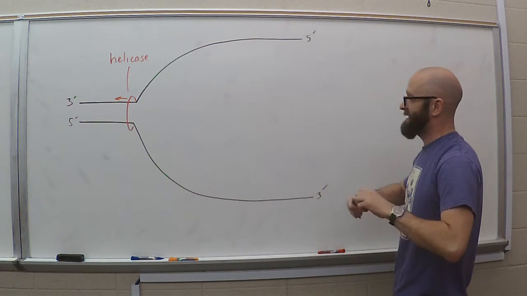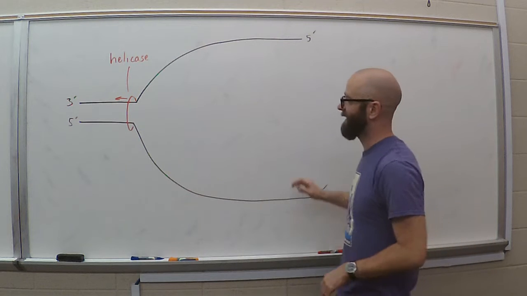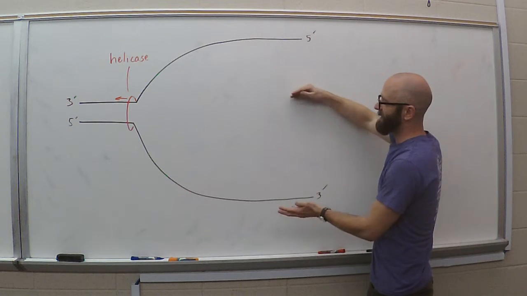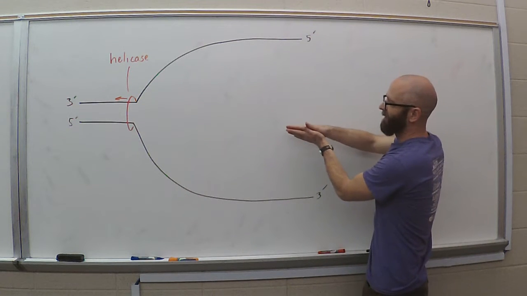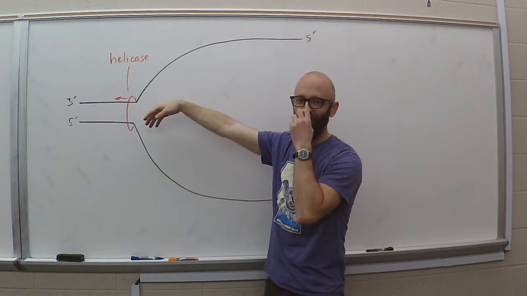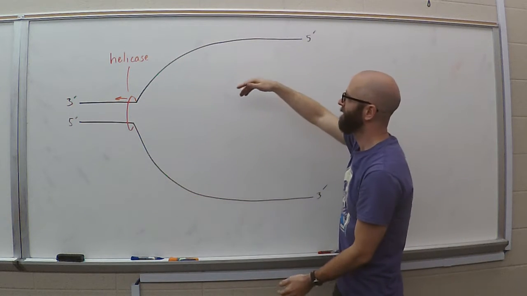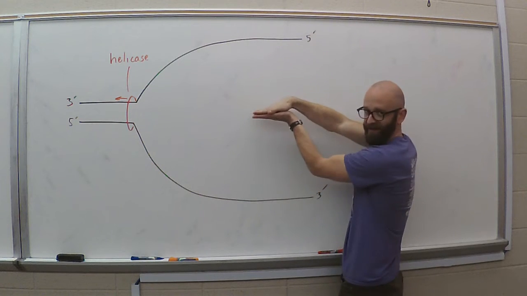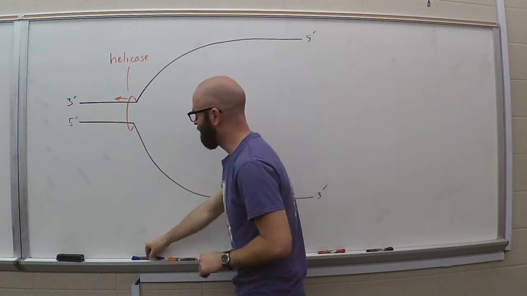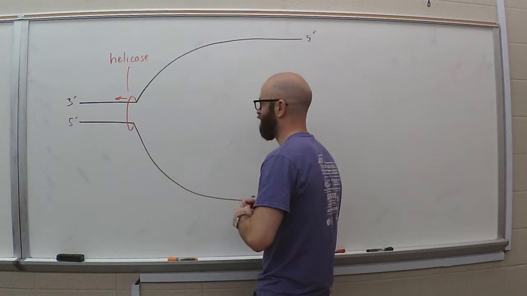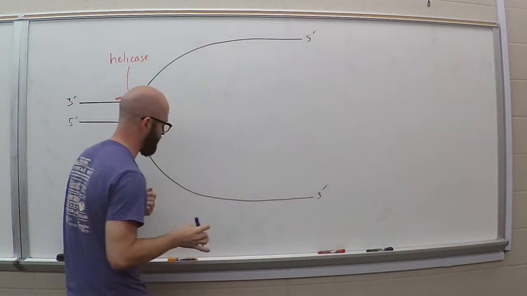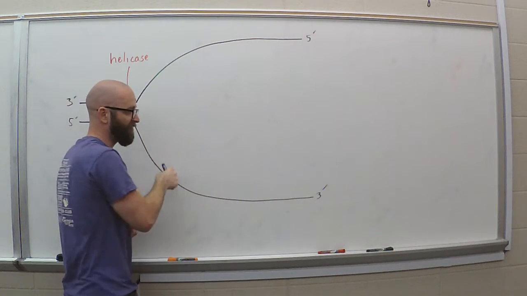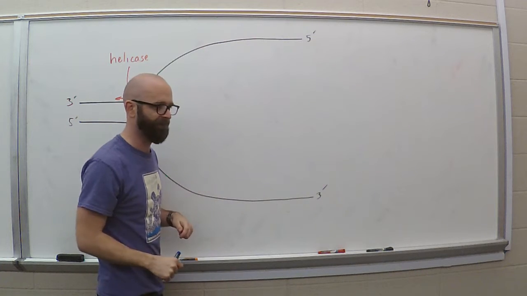Now, in order to keep those double strands from just re-annealing to each other, right? So helicase unwinds the double helix. In order to keep those two strands from just coming back together and sticking back together, there's another series of proteins that will bind to the single strands of DNA.